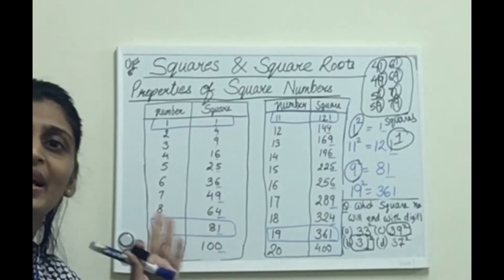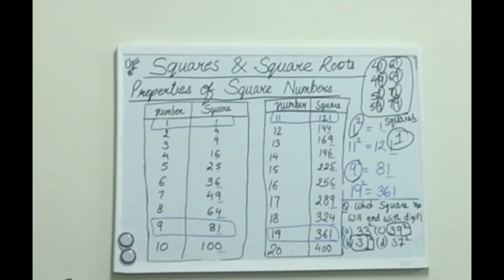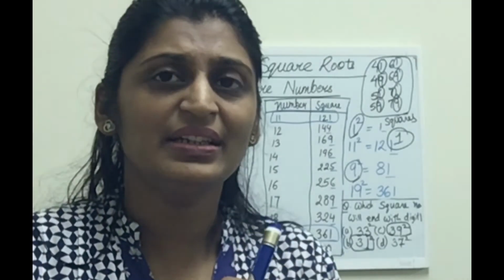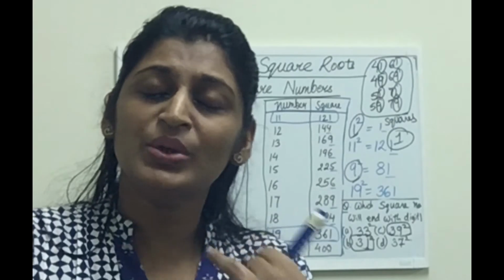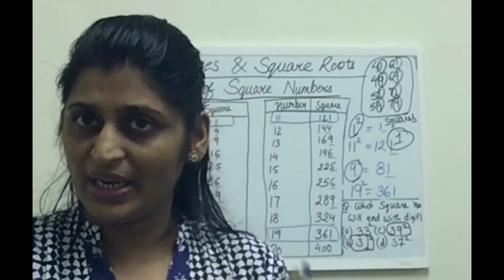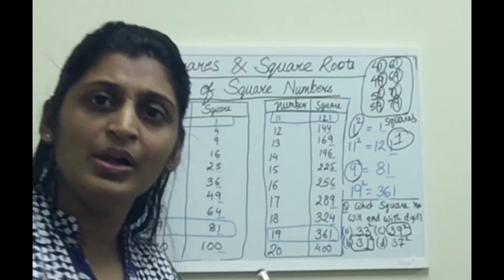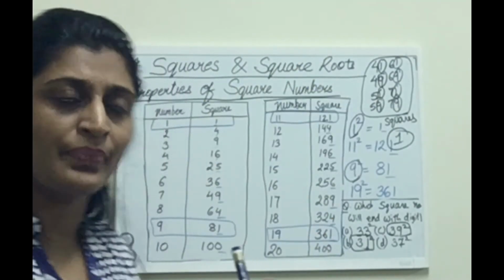This is another property which we learn. We learn that if a number has 1 at the unit place, then the square of the given number will also end with 1.